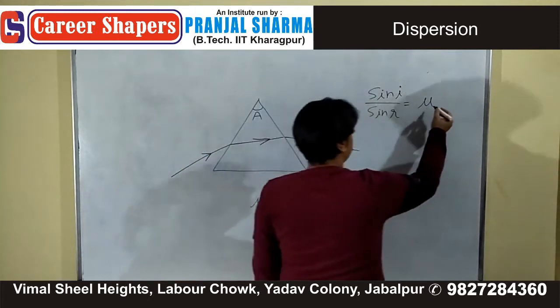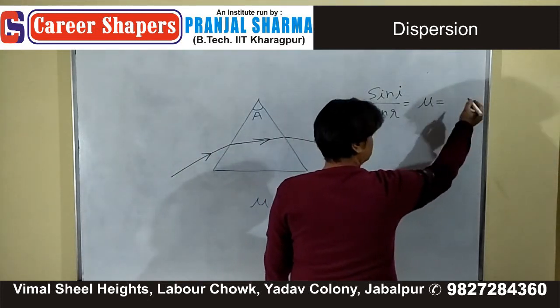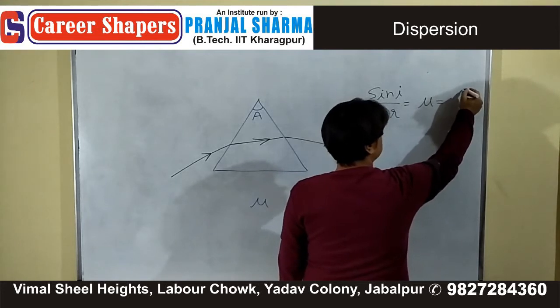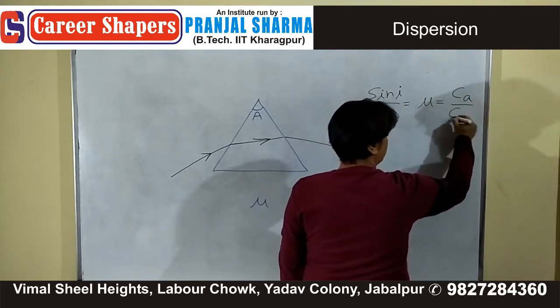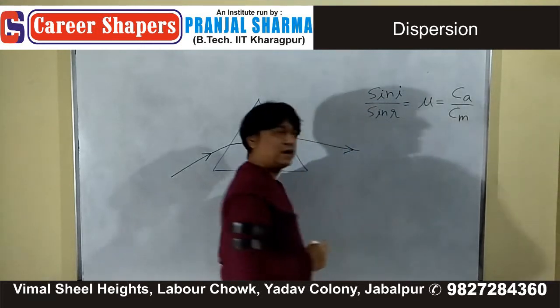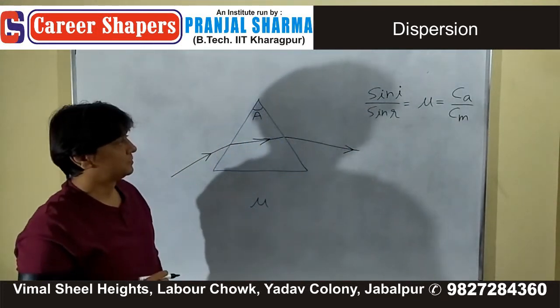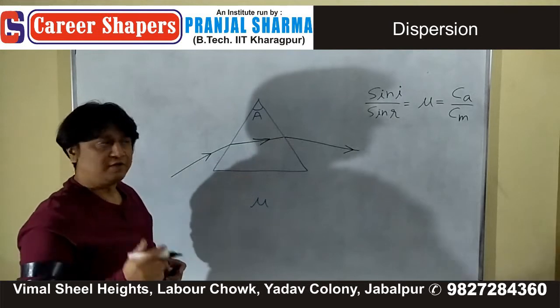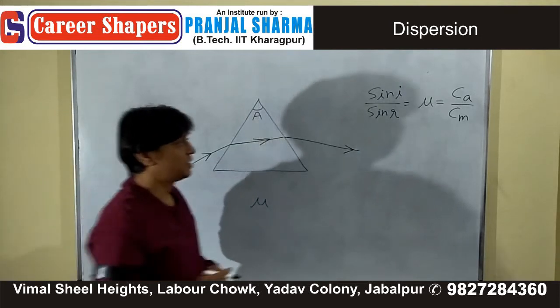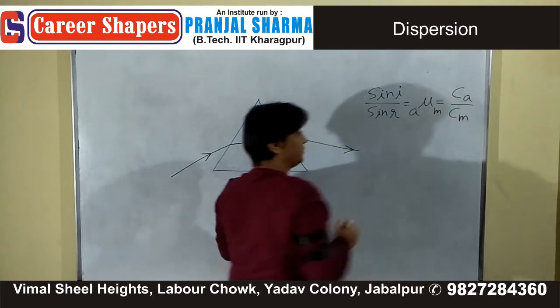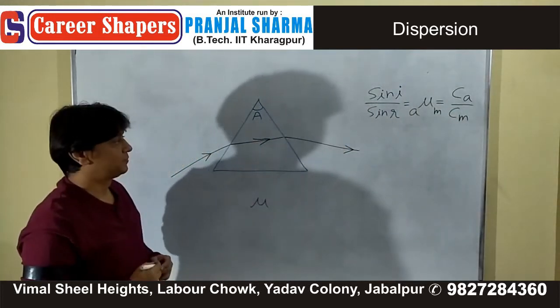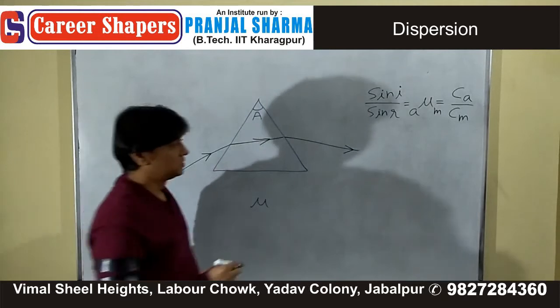Now, refractive index of the material was also defined in this way: speed of light in air divided by speed of light in medium. That's how we define refractive index mu of a medium with respect to air. Now what happens?